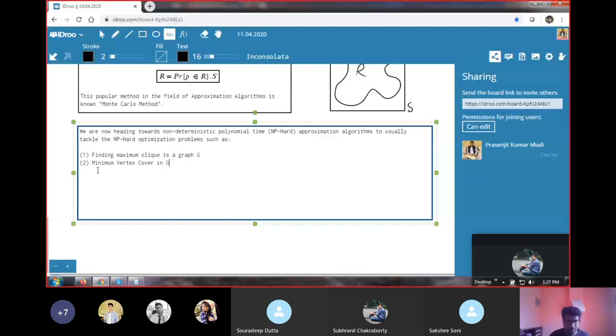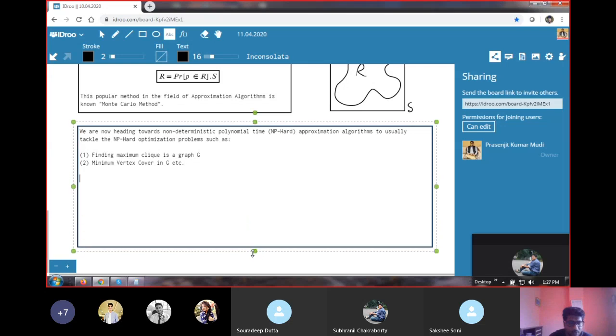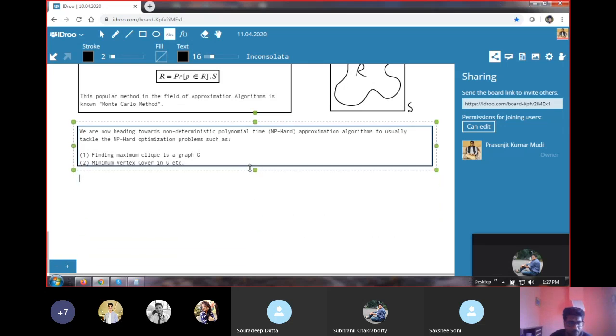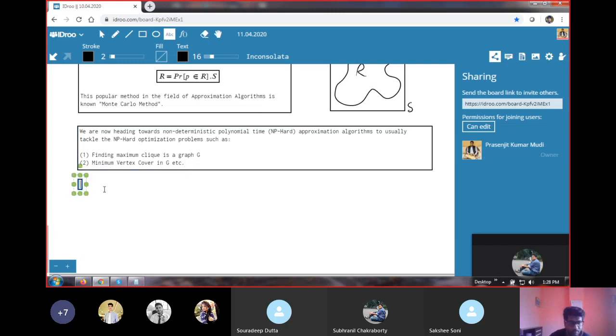Minimum vertex cover in graph G, etc. There are many more. So now this is our motivation, with an example, another example.